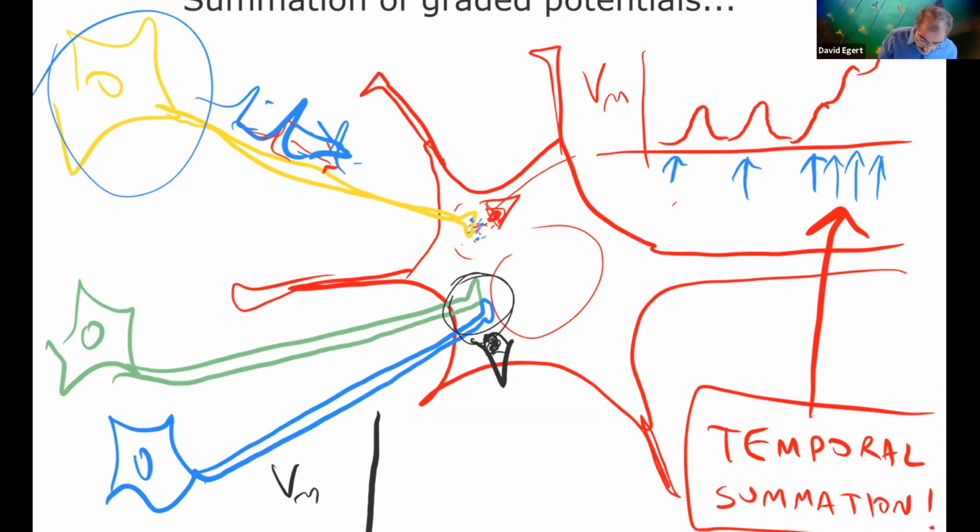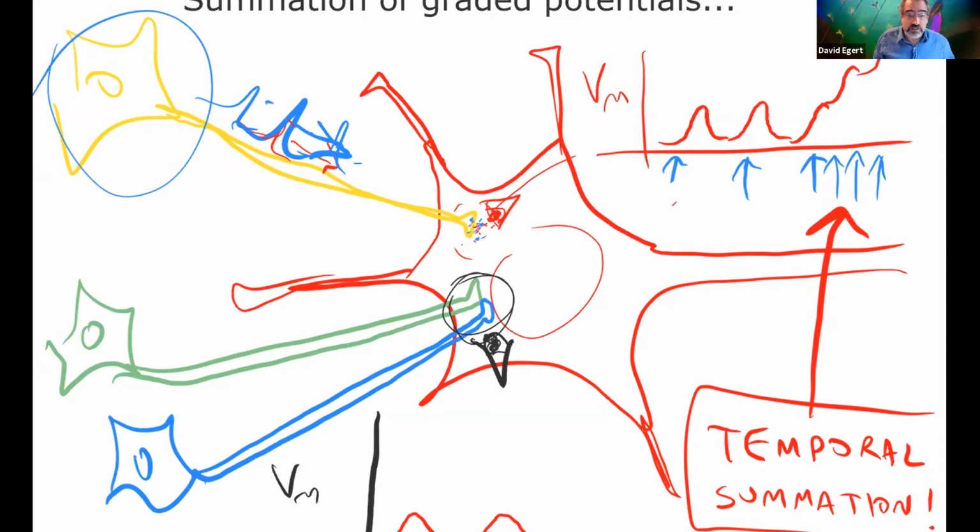If I fire off the green, there'll be a certain change in membrane potential. It'll go up and come back down. If I fire off just the blue, it will also have some depolarization and come back down.